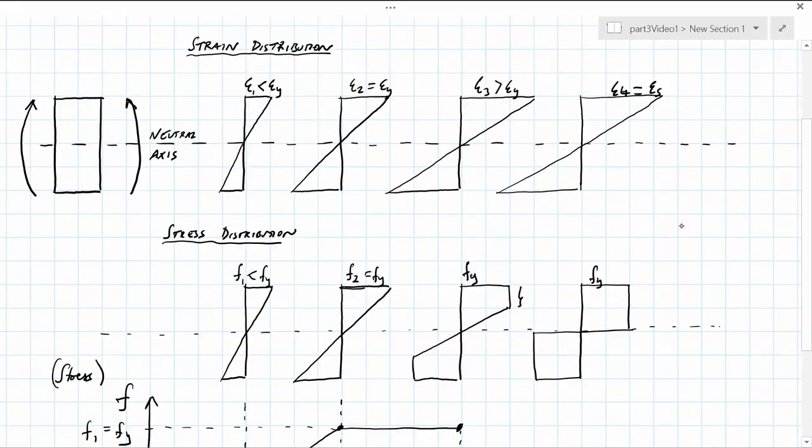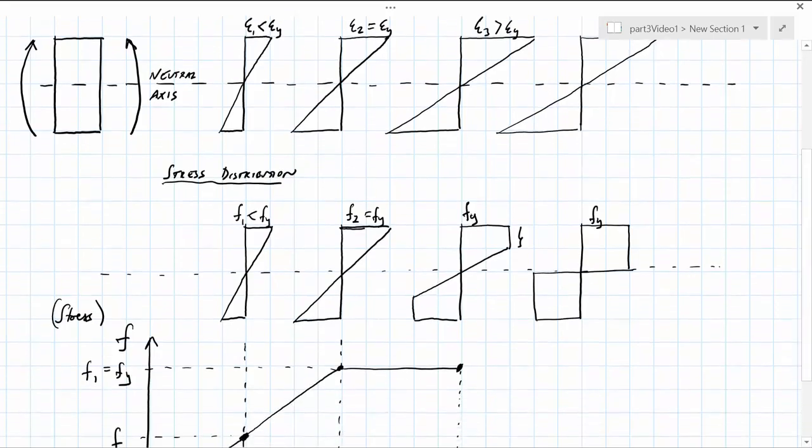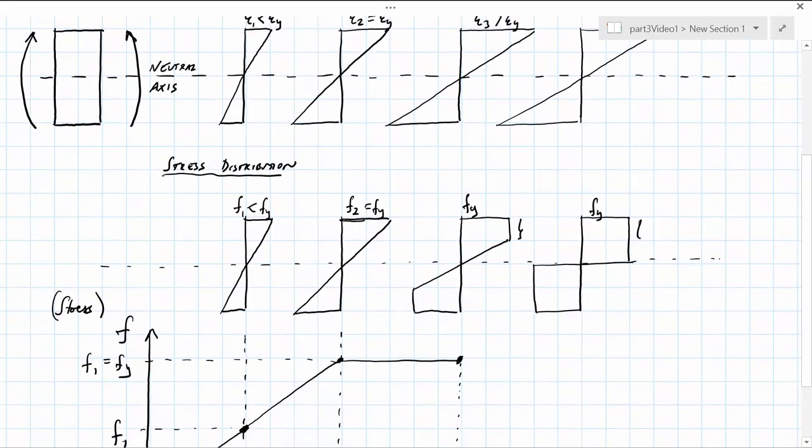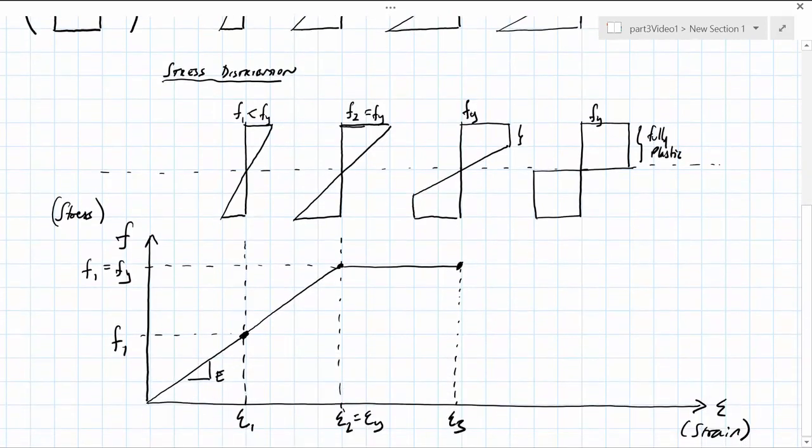If we continue to increase the strain to epsilon 4, which is set equal to epsilon s, the beginning of strain hardening, then the yield will continue to penetrate the cross-section until the section becomes fully plastic. The corresponding point on the stress-strain curve is, as before, an extension to the yield plateau and the corresponding strain of epsilon 4 equal to epsilon s.